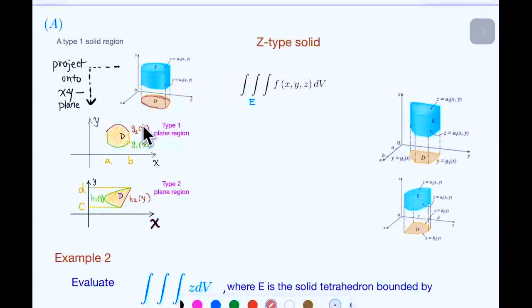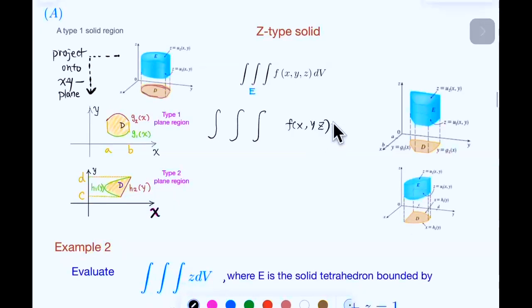Now suppose the projection of this solid onto the XY plane is a type 1 plane region. Then how do we set up the triple integral? Let's do it together. Remember the function we integrate is this function. So let's think: integrate with respect to what first?